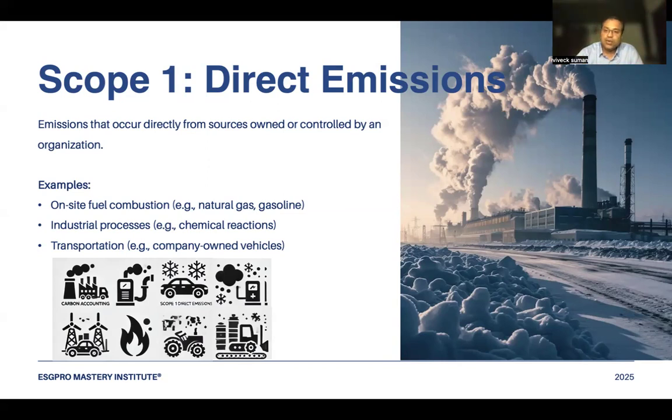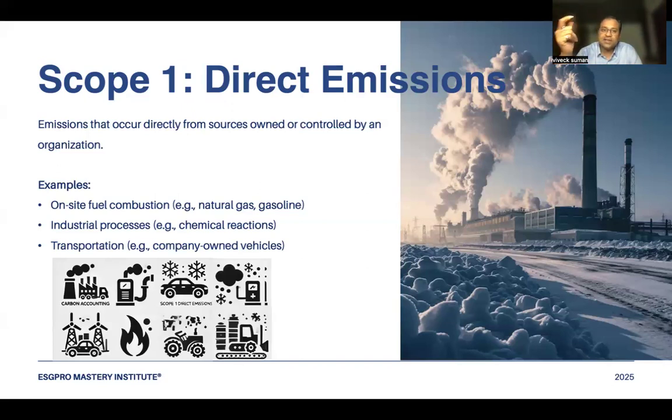Second is industrial processes, which is chemical reaction, which we call process emission. What do you mean by that? Any reaction when it happens, we understood, right? If the molecules start reacting faster, it emits its own heat, and that emission is your process emission. Sometimes even paint interacting with the sun gets released in the atmosphere and becomes your scope 1 emission. So all processes, specifically in the chemical sector, are more relevant.